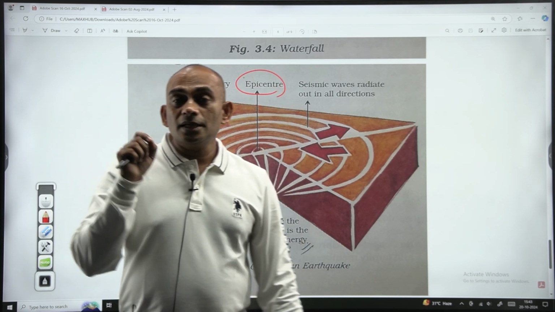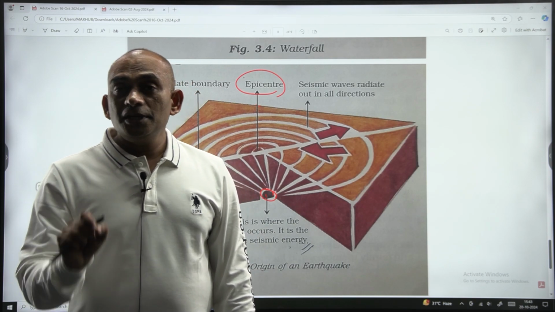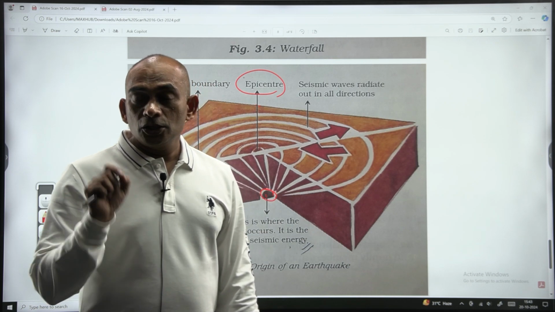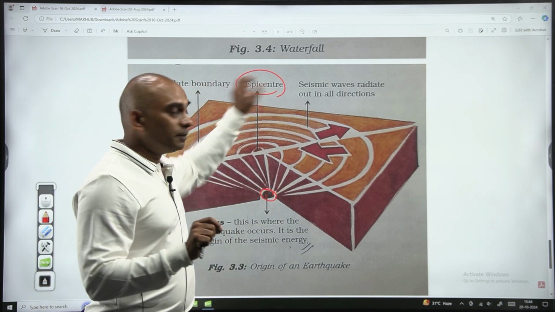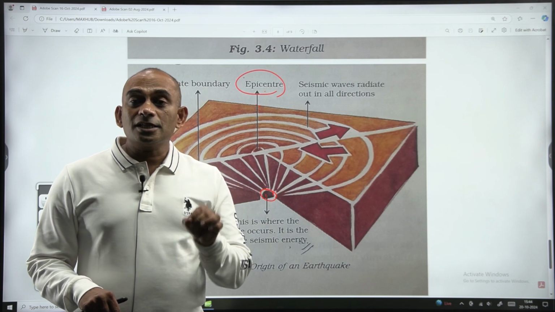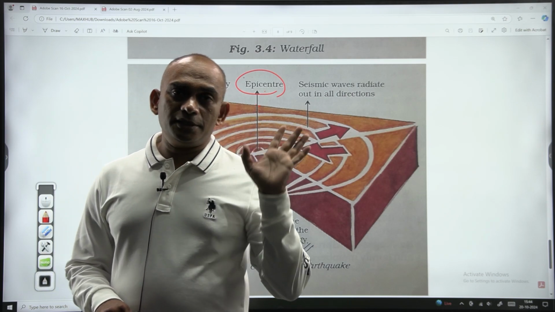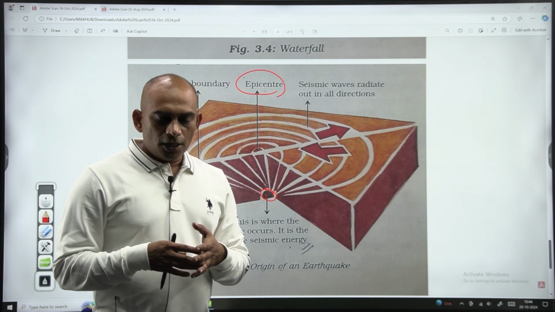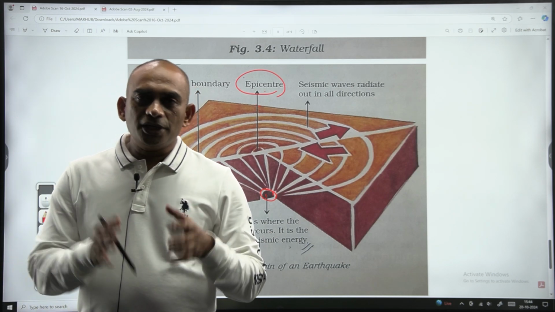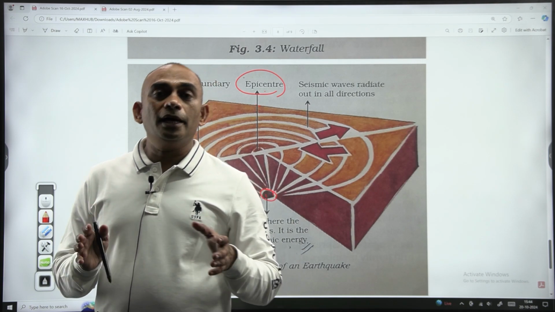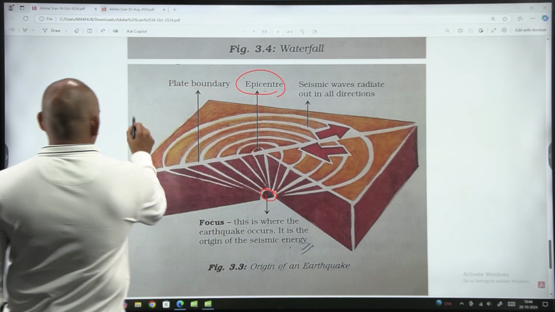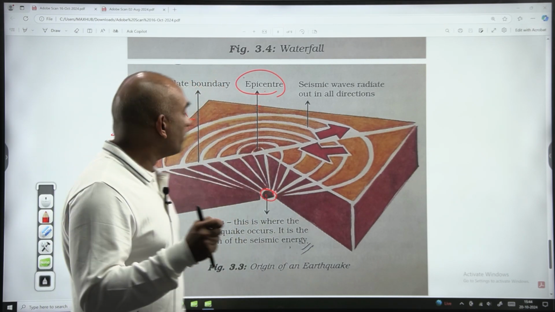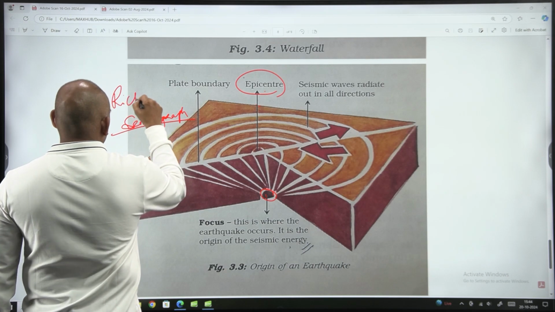That means the epicenter is the region which experiences the earthquake, the first place to experience it. That means maximum damage occurs at the epicenter. Now I'm talking about the waves. These waves are generally measured by a seismograph, and the magnitude of the earthquake can be measured using the Richter scale.